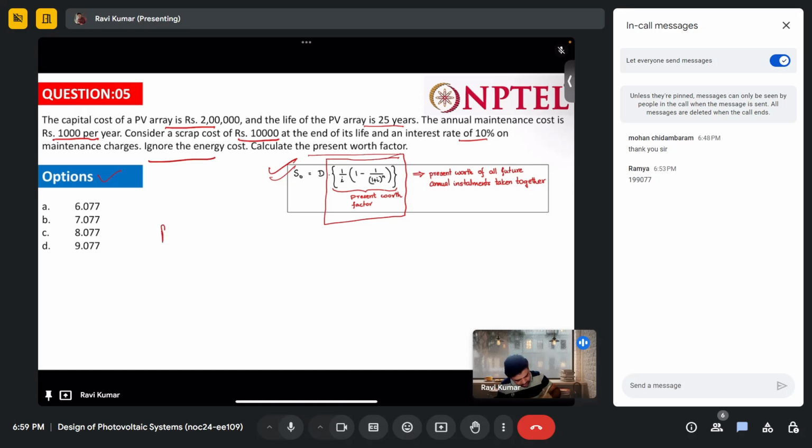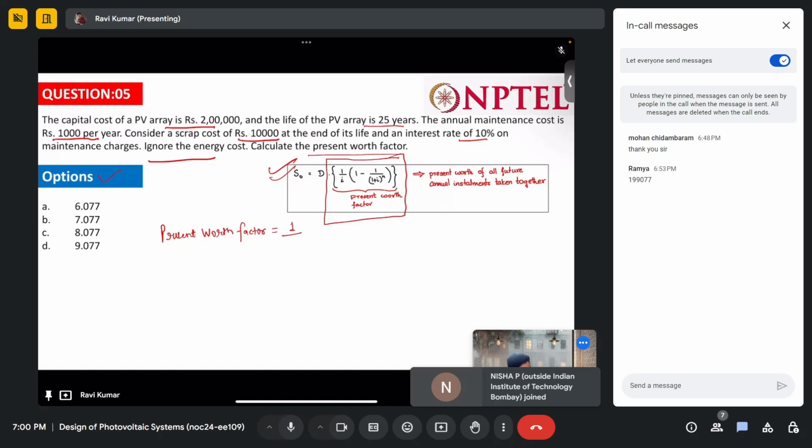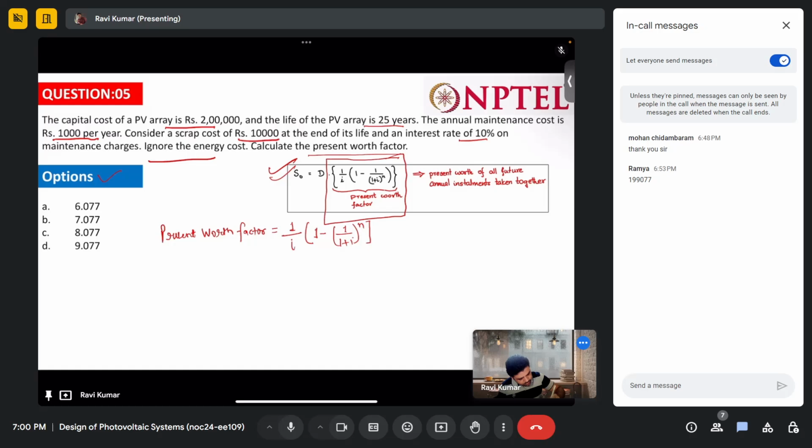So our present worth factor will equal 1 by I into 1 minus 1 upon (1 plus I) to the power N, and I is given 10%, N is given 25.